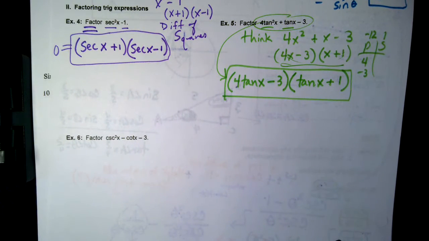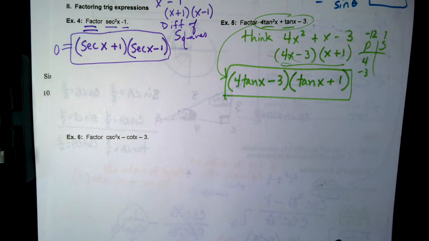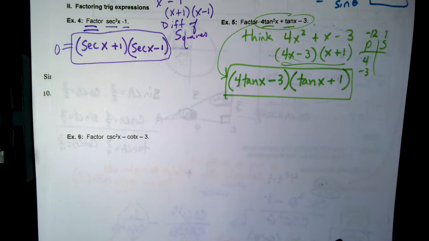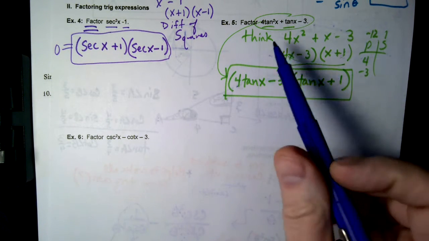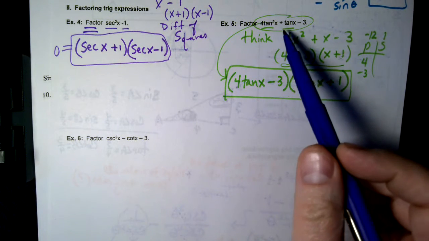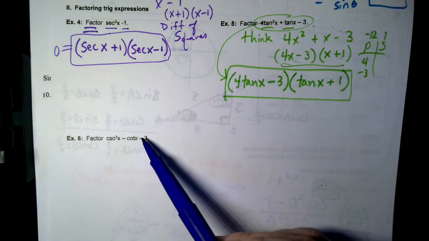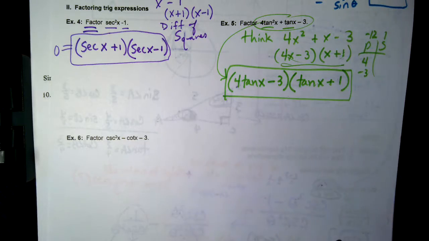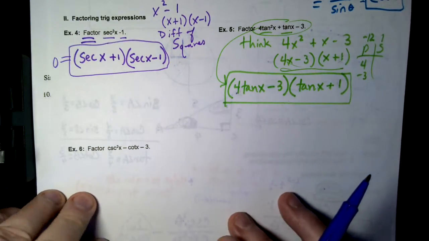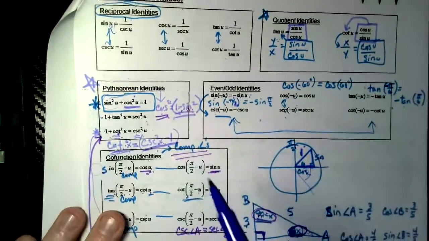Factoring doesn't go away. I know some of you guys cringe because you never mastered it in Algebra 2. You got to know how to do the factoring stuff. Ooh, this one's kind of tricky. Unlike this one where both had tangents, this one's got a cosecant and a cotangent. Oh, but from our Pythagorean identities, let's go back.